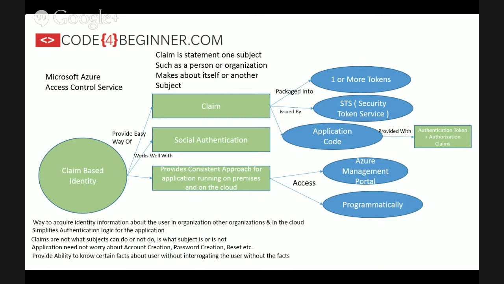So a claim is nothing but a statement that a subject, such as a person or organization, makes about itself to another subject, right? Claims work well with social authentication. It provides an easy way of handling claims.